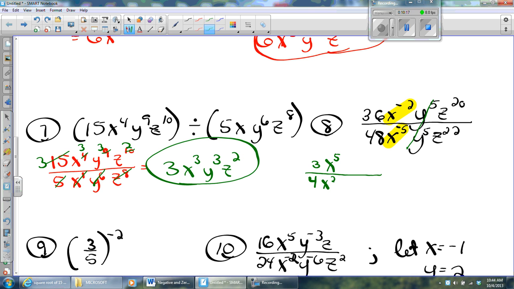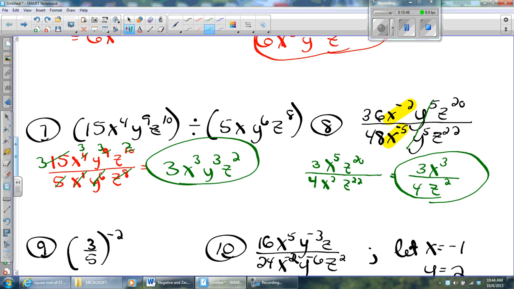And here I'm going to have z to the 20th over z to the 22nd. And now I will simplify a little bit further. 3 in the numerator, 4 in the denominator. X to the fifth over x squared would be x cubed in the numerator. Z to the 20th over z to the 22nd will be z squared in the denominator. And there you go.